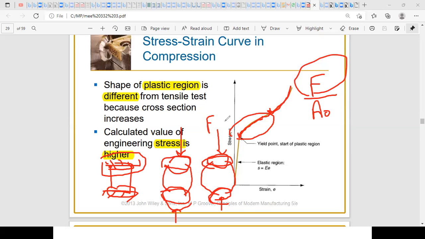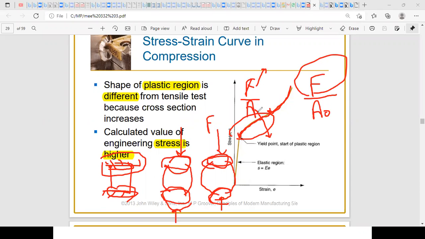Now, what is nice is that when you go to the true curve, the true curve behavior is very similar to the tensile test. Why? Because in the true curve, you divide F by the actual area. And it's true that F is increasing to continue the test, but at the same time, the area is reduced. So as you continue your compression test, the area is reduced.